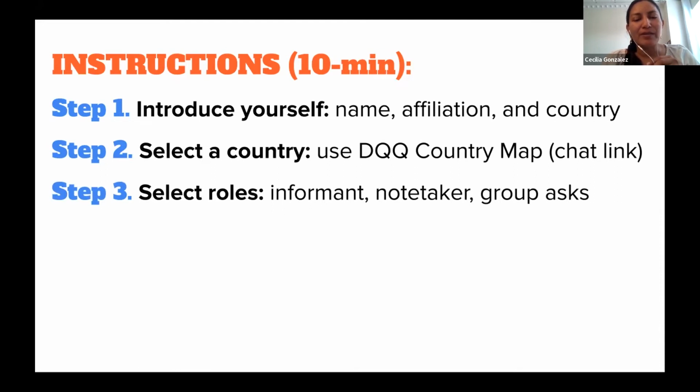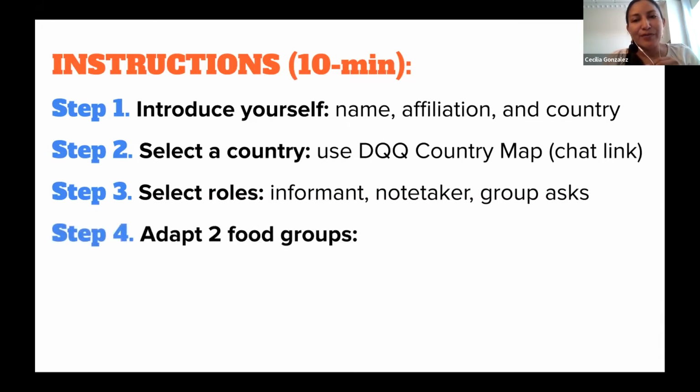So also we want you to select 2 roles, particularly, like I mentioned, the person who will be your informant about what foods are more commonly consumed, someone to take notes of what is being said, and then the rest of the group can ask these questions, trying to understand the list. And then step 4, the food groups again are legumes.